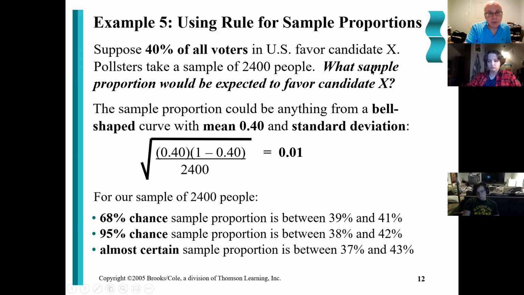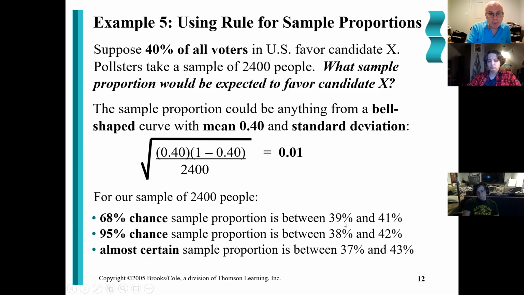So we can answer this question by using the empirical rule, because we are able to use the bell-shaped curve for this. You can say the following: there's a 68% chance that the proportion for the sample that we choose, that is the 2,400 people, the proportion of people who favor candidate X, is between 39% and 41%.